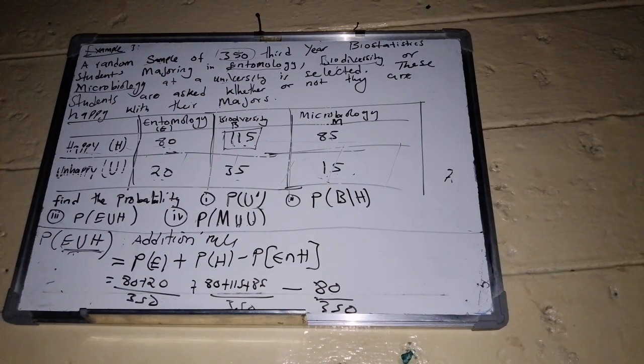Send me the final solution for that one as well. If you look at this question, it embraced a number of rules: the complement rule, the addition rule, and the conditional rule.